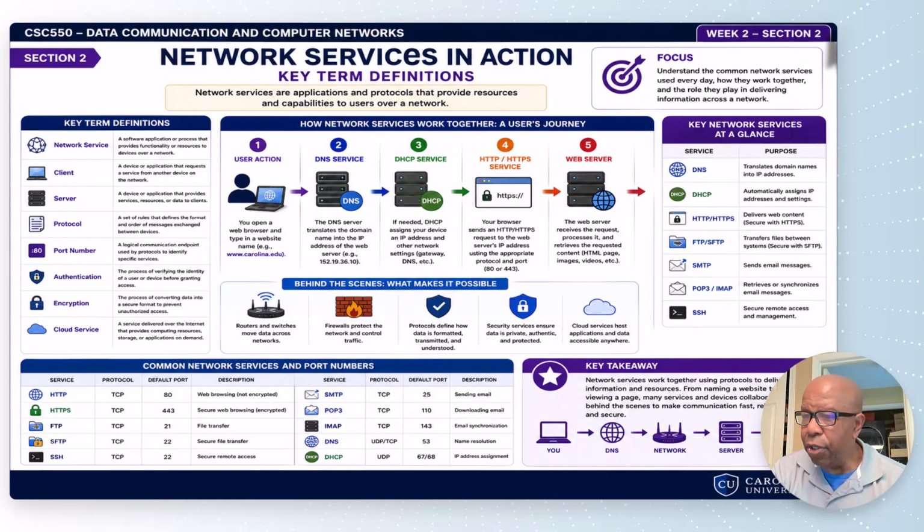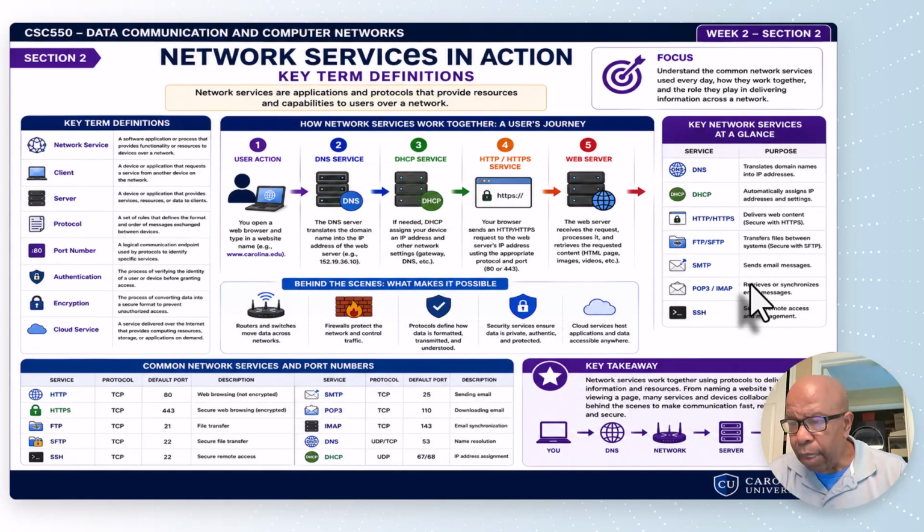So again, these are key terms within network services. Each one of these falls into that service category. Take a look at those and become familiar when you hear the term. You've probably seen it; you've guaranteed used HTTP and HTTPS, but think of it in the realm of networking: where does it fit in that big picture?